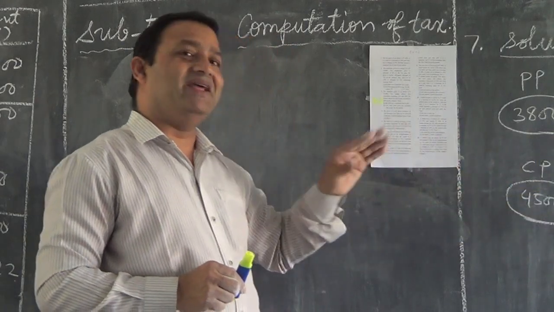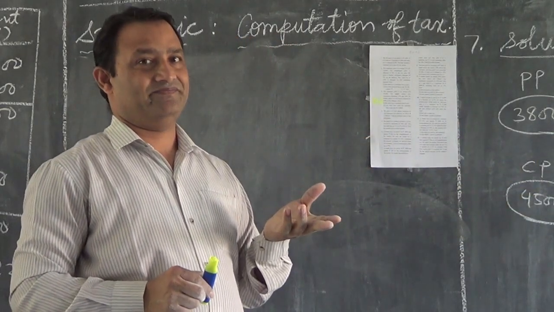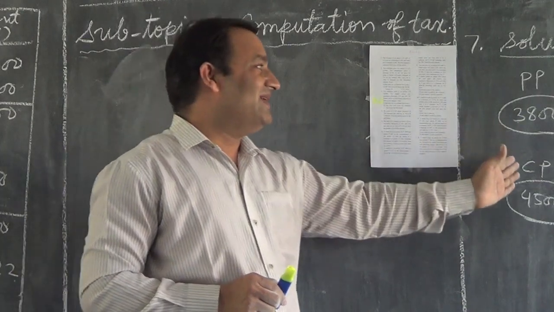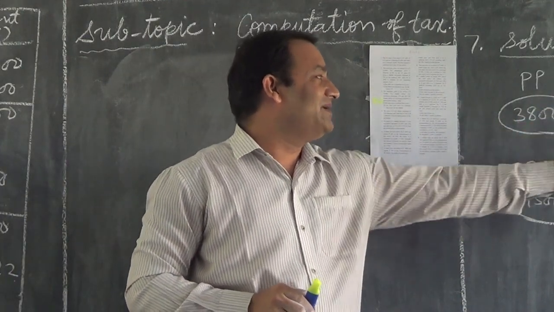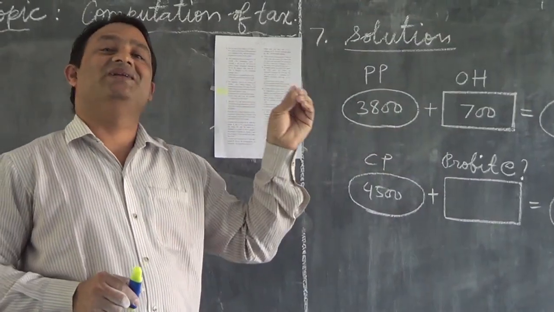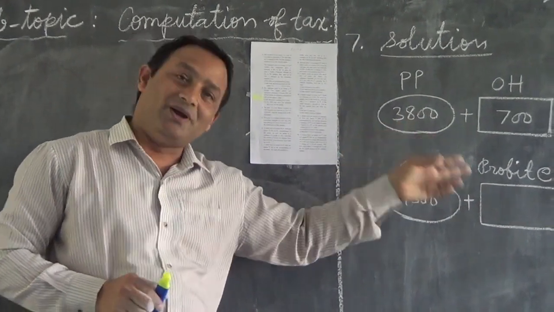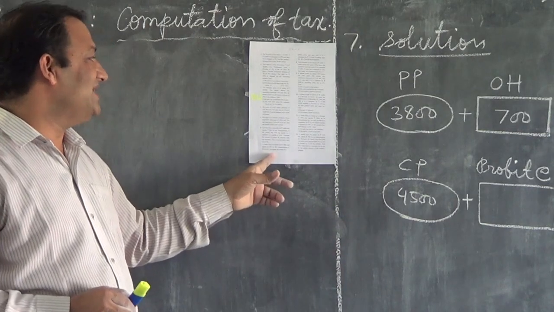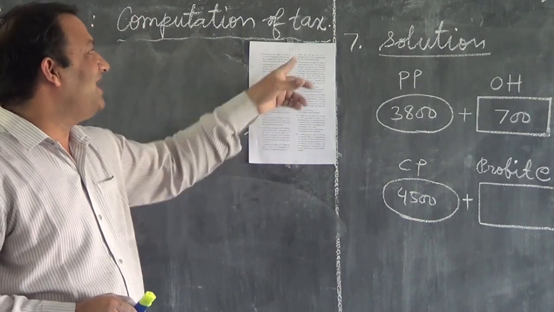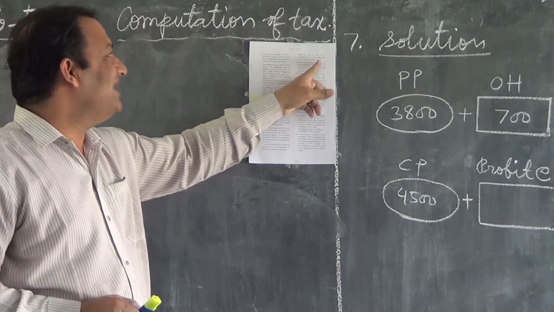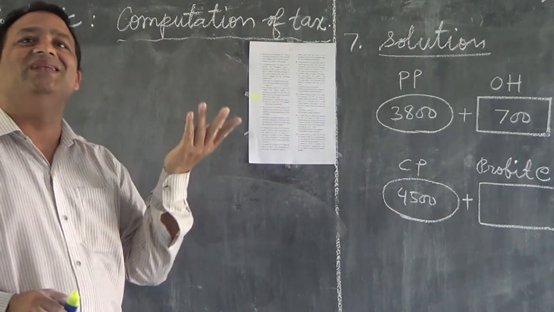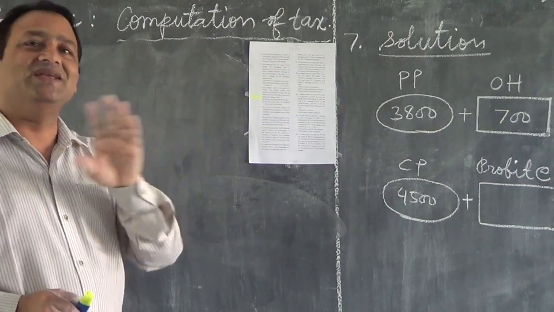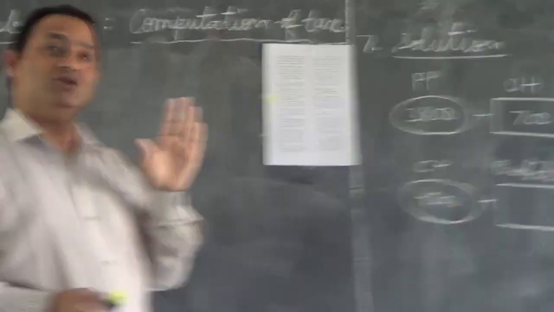But if there is a discount, then CP plus profit, that you have to write as the mark price, and from the mark price you have to subtract the discount. But our story says he marks the article at a certain price and then sells it, including sales tax. So there is no discount here.